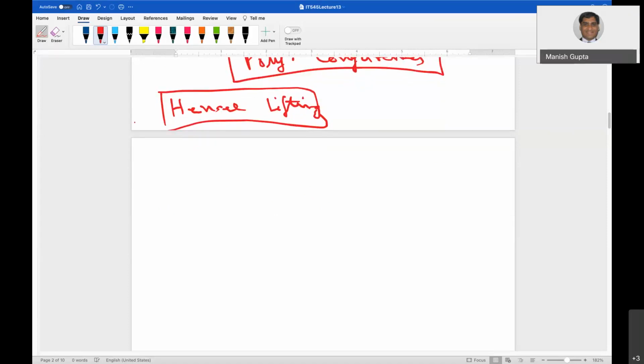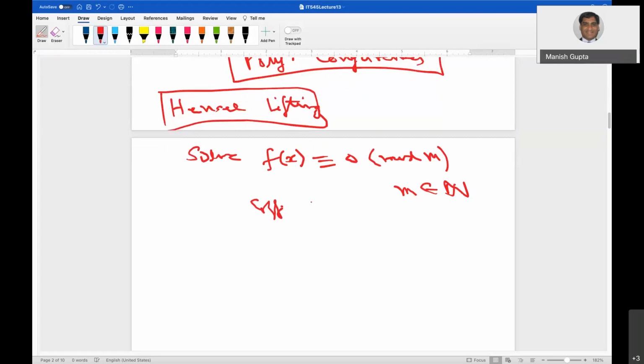Essentially, polynomial congruences means we want to solve equations of the form f(x) is congruent to 0 mod m, where m is some natural number, and the coefficients of the polynomial belong to Zm, the integers modulo m.